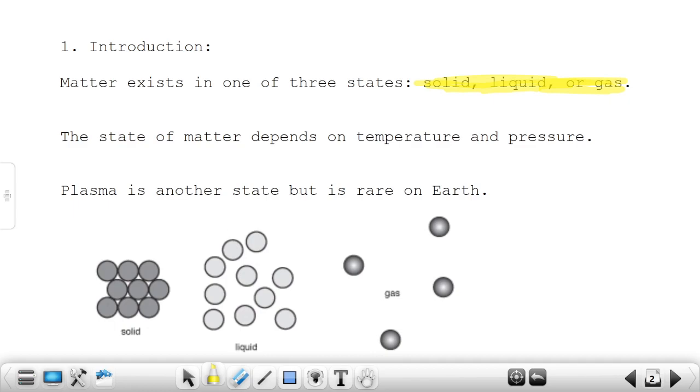Those are the two big things you need to know. Plasma is another state. We're not going to talk very much about that because it is quite rare on Earth. Its biggest example of plasma is fire. So there's a little diagram there showing how particles are placed in each of the three main states of matter. Solid's very compact, liquid's a little more spread out, and gas is very spread out.